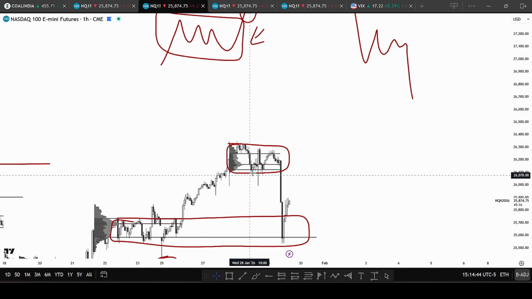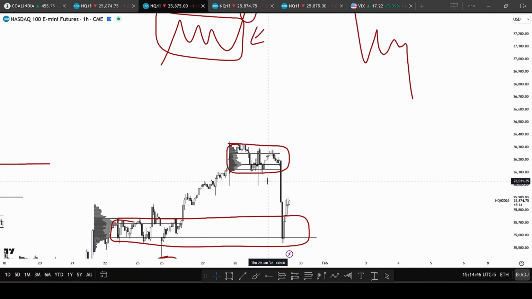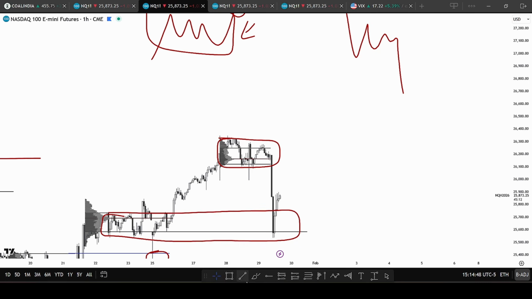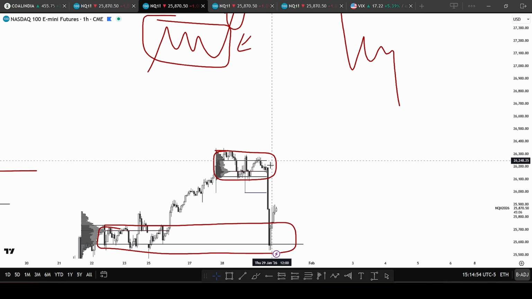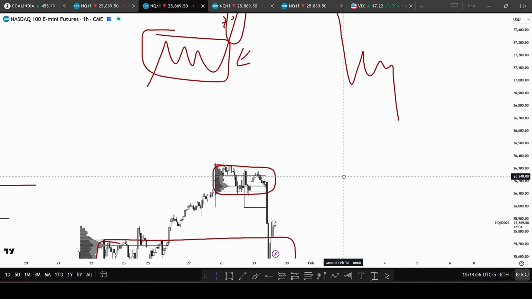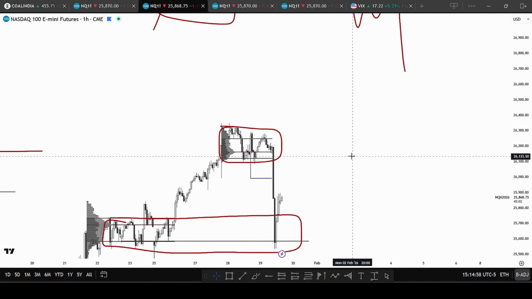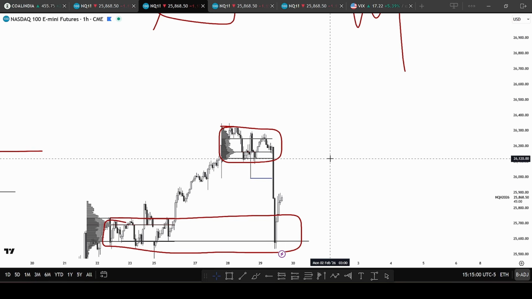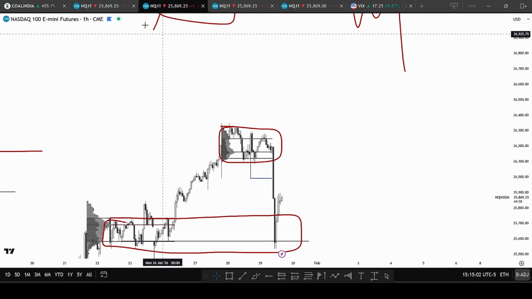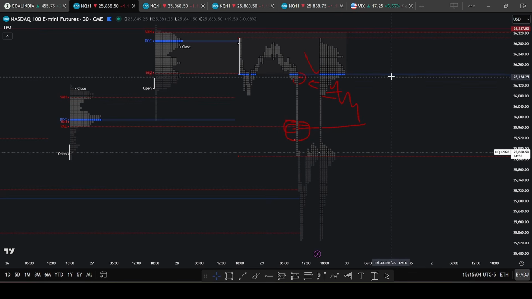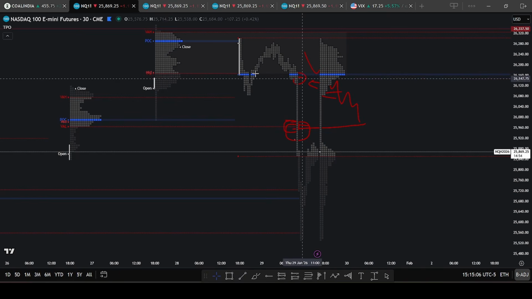The simple logic was we were in a balance area. Now when we broke this, I was waiting for some information on whether this breakout will work out or not. We can see this balance range low was 26,122, and the balance range high was 26,156.